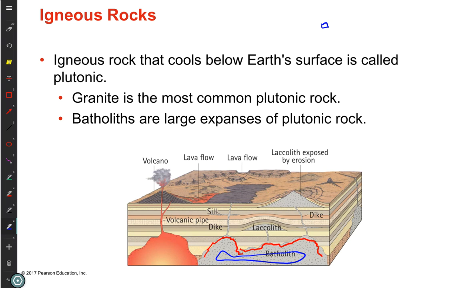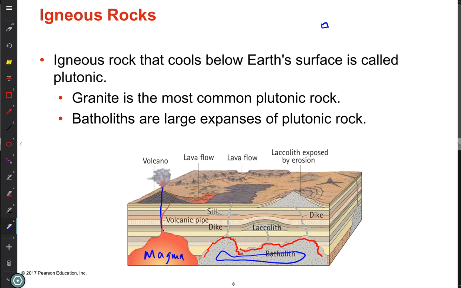So here's how a volcano forms. You have a magma chamber down here. You have some kind of pathway that it forms up to the surface. You see here, what kind of shape does this volcano have?